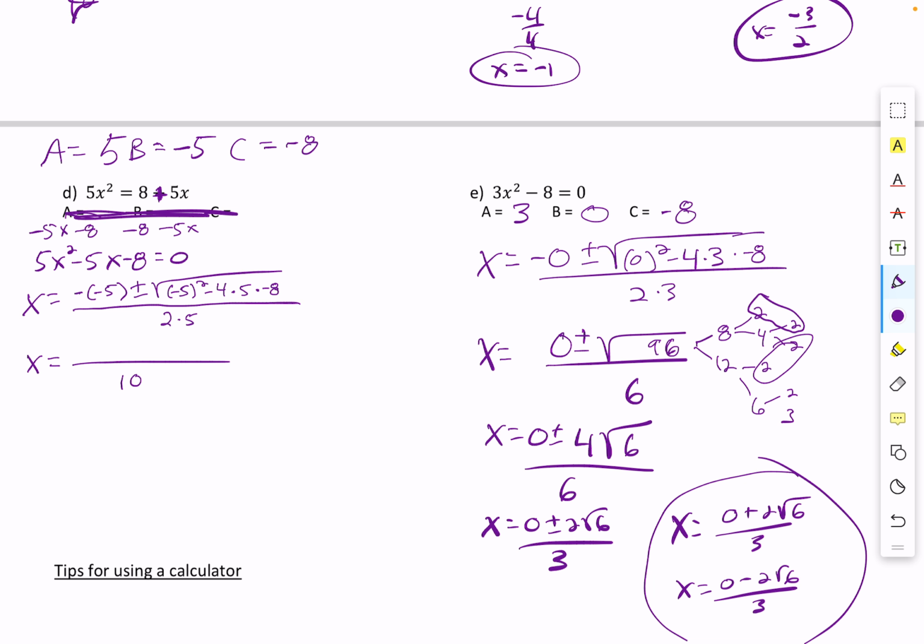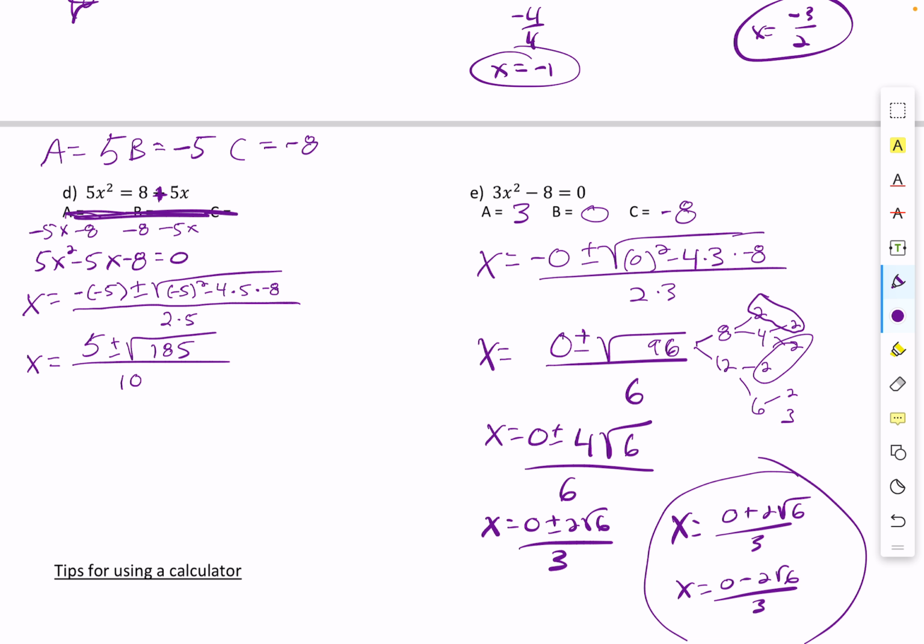How does this simplify? Right here? Yeah, the two negatives make a positive, so it's just positive 5. Good. So now I gotta see if 185 is a perfect square.